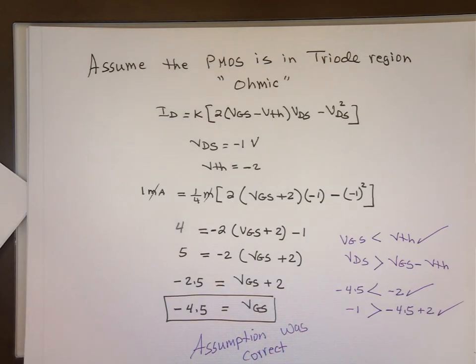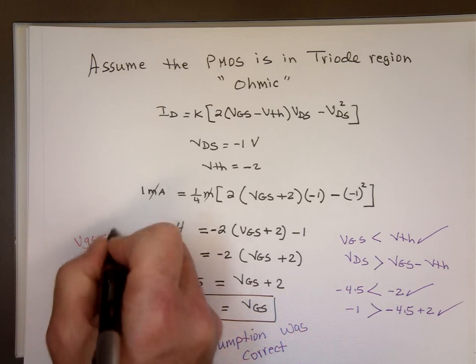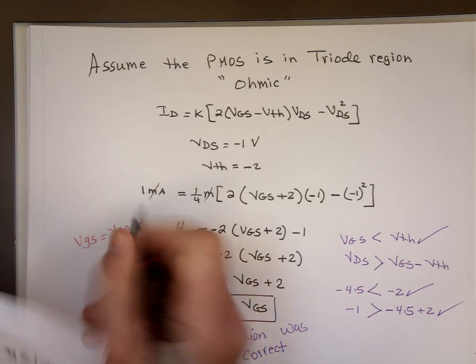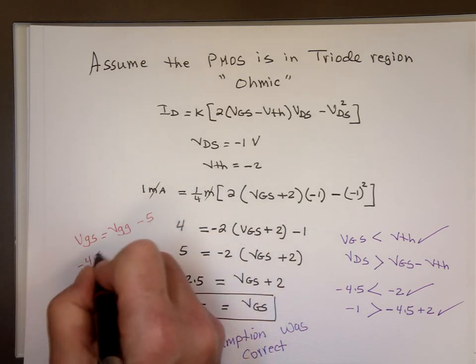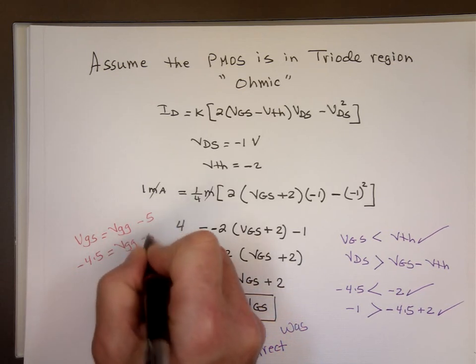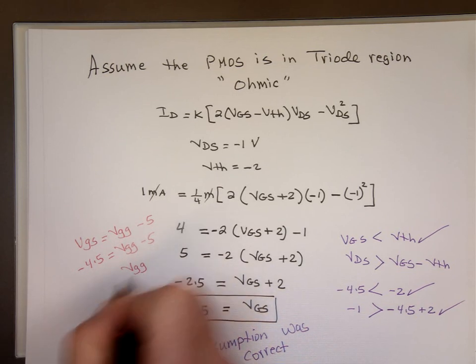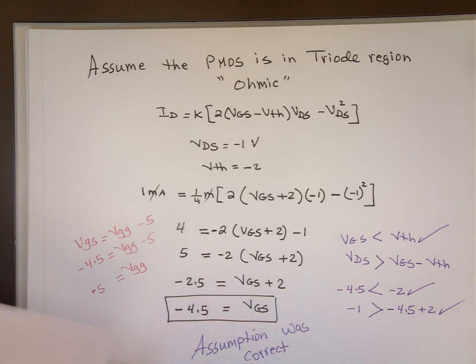So if I do that here, I'll just take a different color pen. VGS equals VGG minus 5. So I know VGS, negative 4.5, equals VGG minus the 5, and we have VGG to be positive 0.5 volts. So we know everything now about that PMOS.